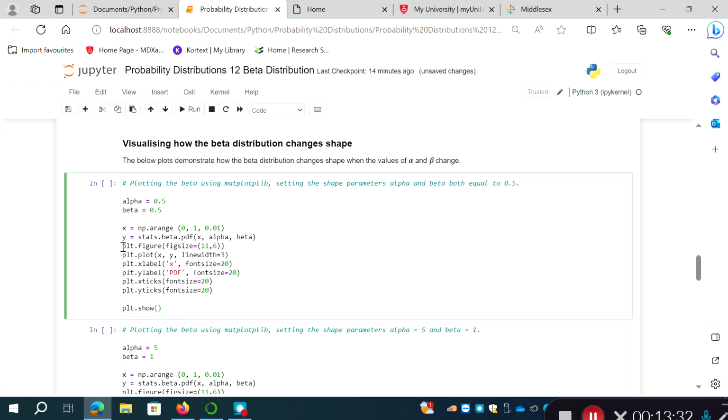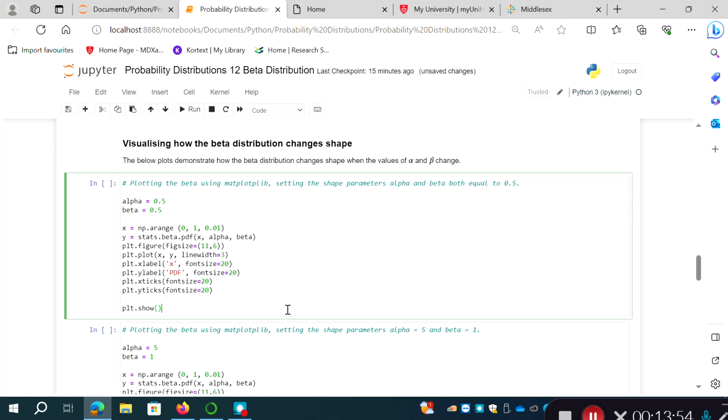I'm not going to talk through the plotting code here. I'm just using matplotlib to plot the beta.pdf. But what I'm doing here is setting alpha equal to 0.5 and beta equal to 0.5. So they're both small shape parameters, both 0.5.